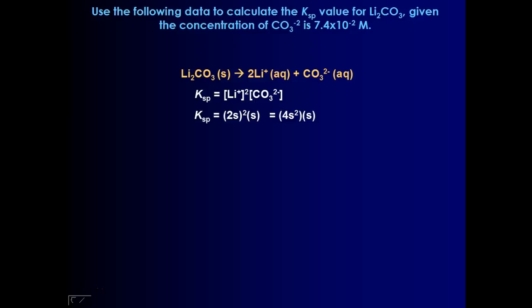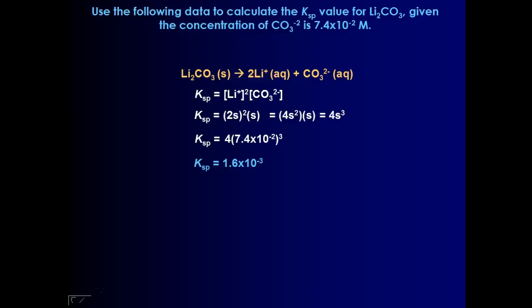So I can go ahead and solve for KSP in terms of S, 4S cubed, and then I can substitute my value of S in, 7.4 times 10 to the negative second. And when I do the math through, I get that the KSP of lithium carbonate is 1.6 times 10 to the negative third.